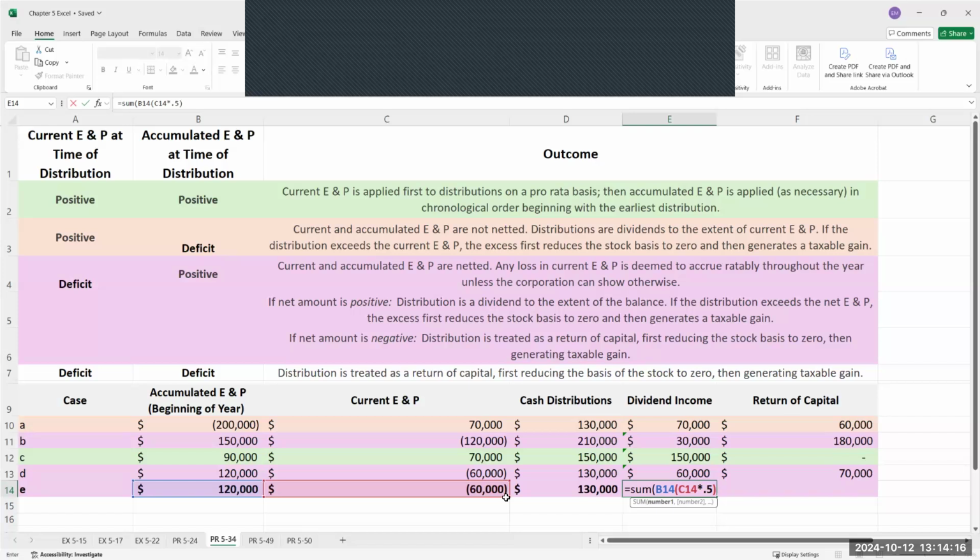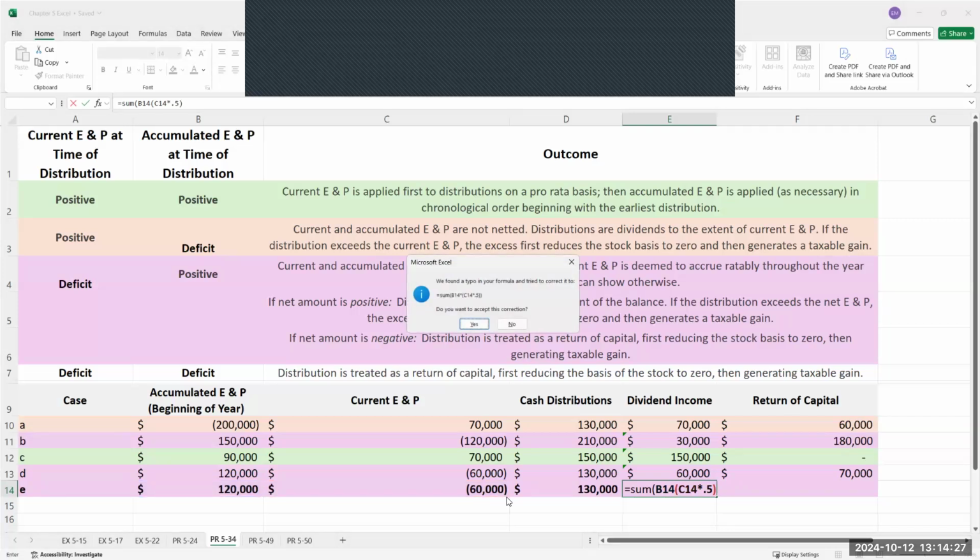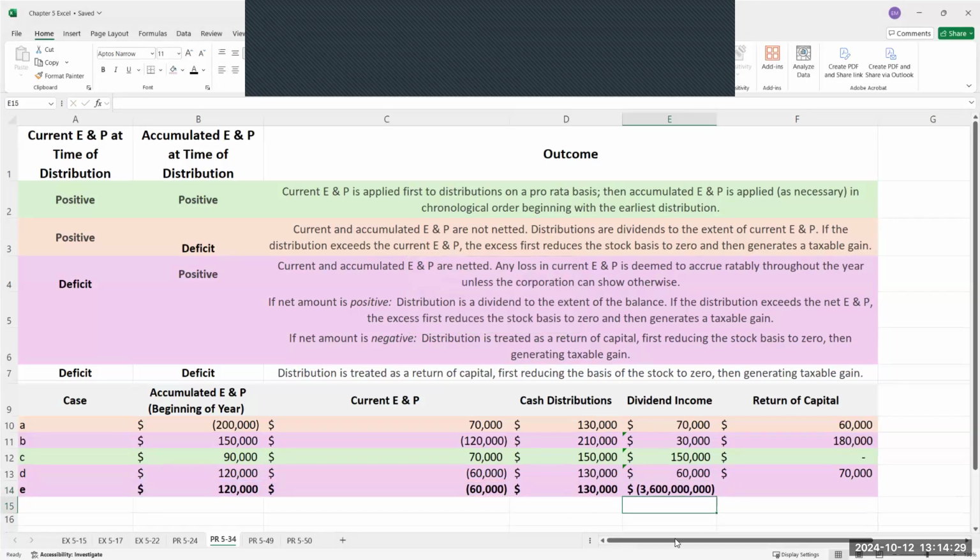So therefore, we need to allocate the deficit on a pro rata basis. So 1/2 of the loss is accounted for, allocated to the first half of the year. Oh, that is way wrong. Let's see, B14. Oh, should it be minus? Should be subtract.